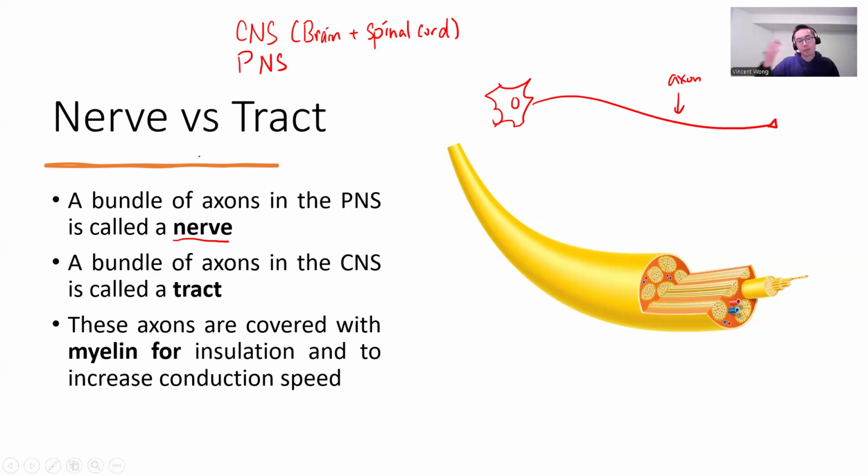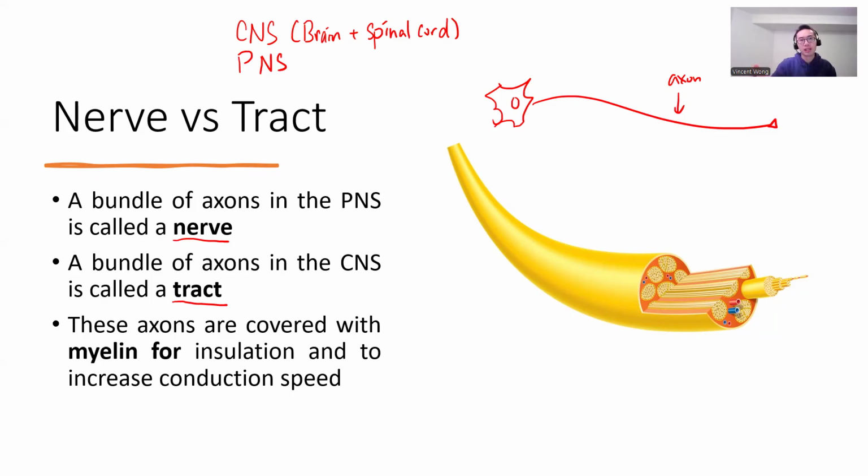Like you hear people use the expression, "Oh, you struck a nerve." A nerve is basically everywhere else in the body except for the brain and the spinal cord, and it's a bundle of axons. If you have a bundle of axons in the central nervous system, then we give it a different name. We call it a tract. They're the exact same thing, but because of the location, we give them different names. It's kind of like Canada and the US.